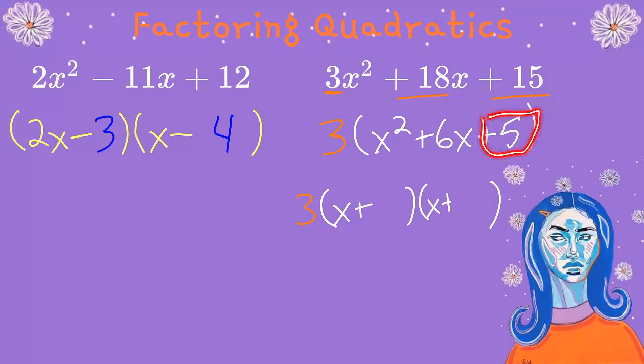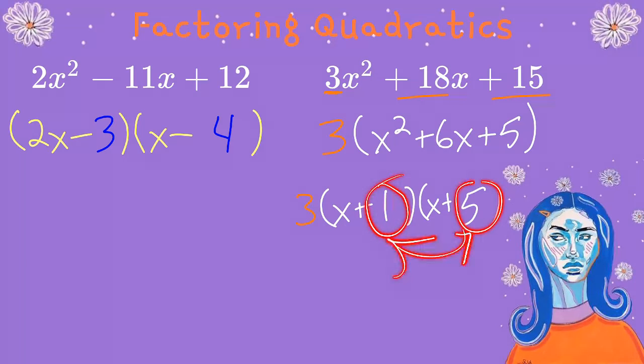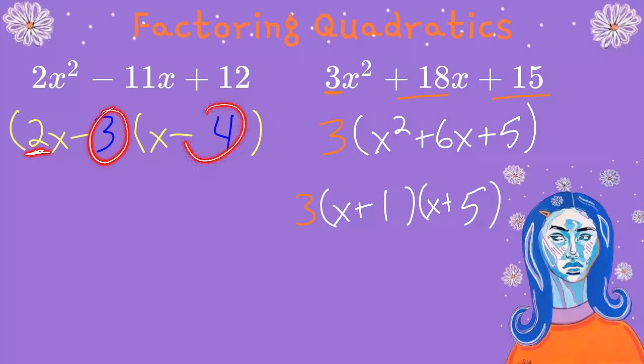Multiplied together to give me 5. Ooh, that's just 5 and 1. And since these are both x, it doesn't matter where I put it. 1 and 5, or switch these. Because these are x's, you can switch them. This being a 2 was why it was important that you had them in the right place.